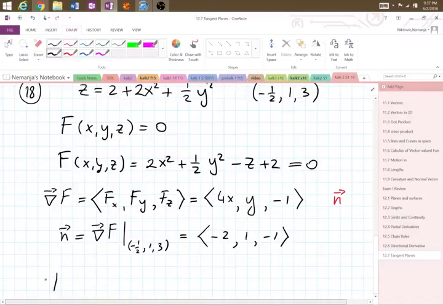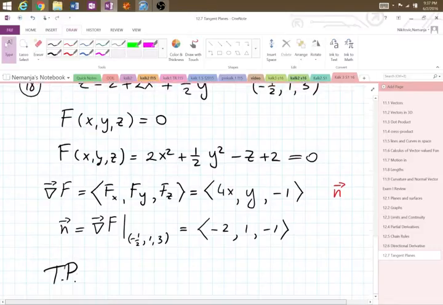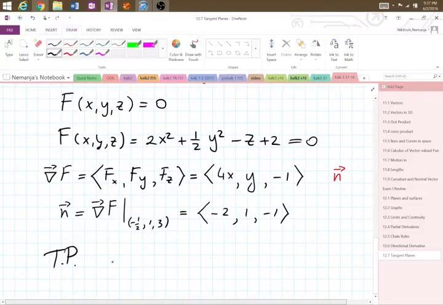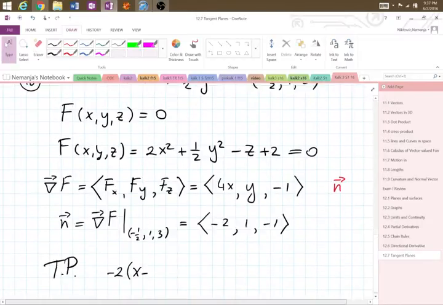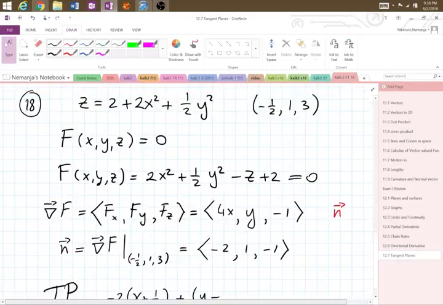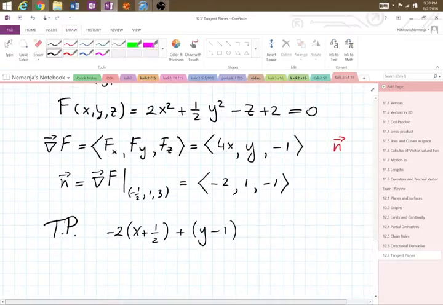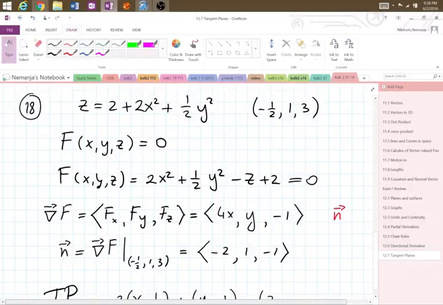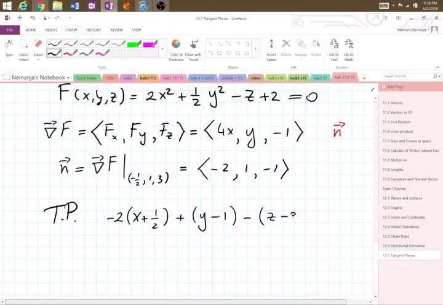So what is the tangent plane, TP? Tangent plane is going to be -2, x minus, what's the first coordinate? Half, so plus a half. Plus 1, y minus 1, minus z minus 3 is equal to 0.